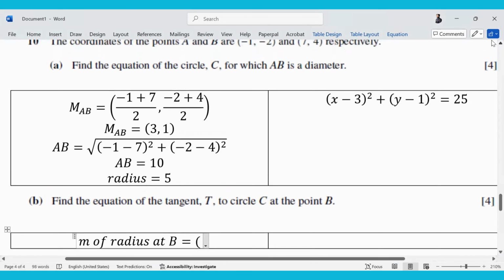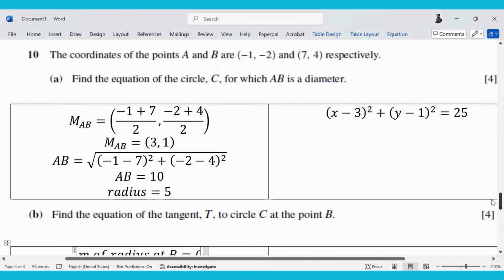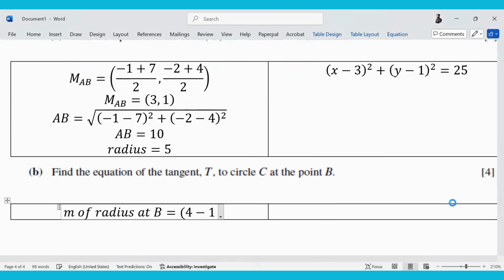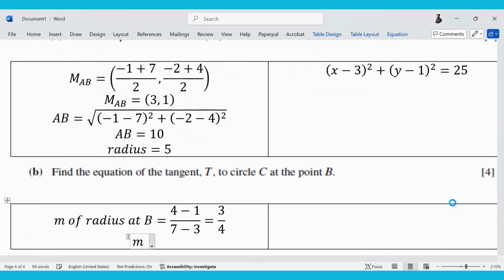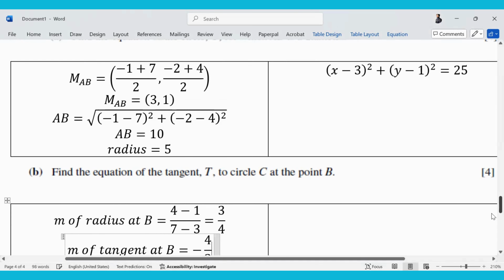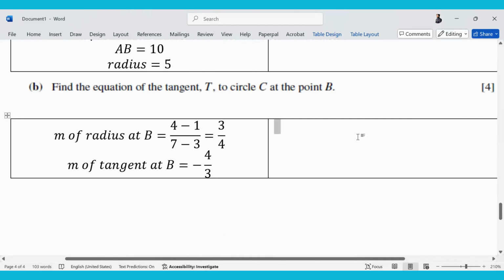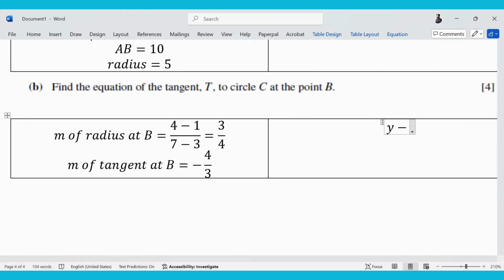And what were the coordinates of B? B was 7, 4. So 4 minus 1 upon 7 minus 3. What is the gradient of the radius at B? 3 upon 4. So what will be the gradient of tangent at B? Minus 4 upon 3. You will be using the coordinates of y minus y1 is equals to m x minus x1.